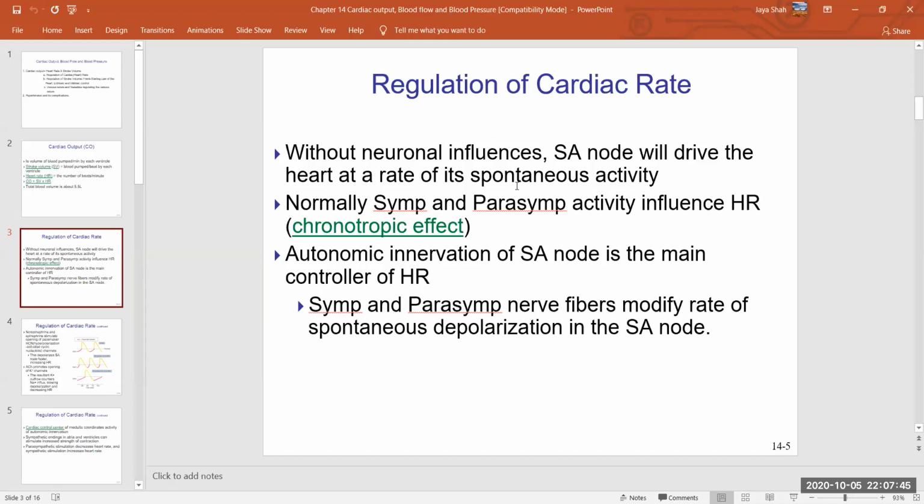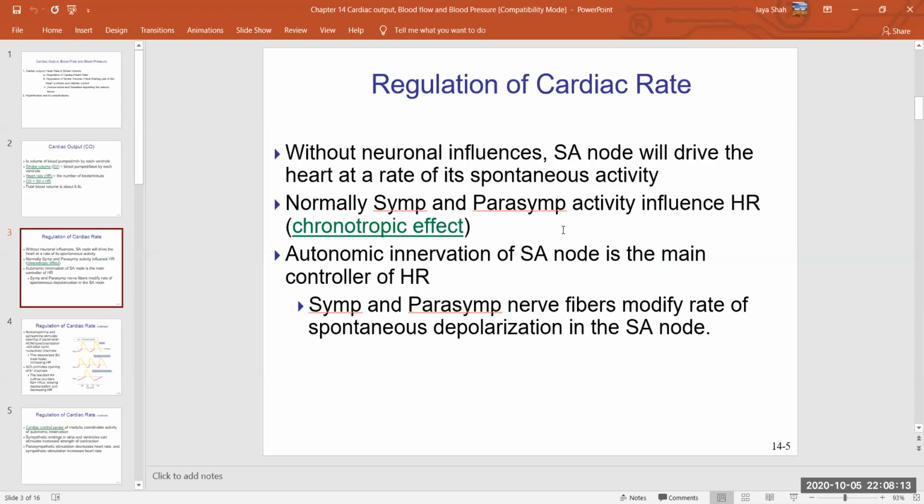Cardiac rate is the rate of the heart per minute, and without neuronal influence, the SA node will drive the heart at a rate of its spontaneous activity. If there is no autonomic stimulation on the heart or SA node, then it is only the SA node which guides the heart rate.